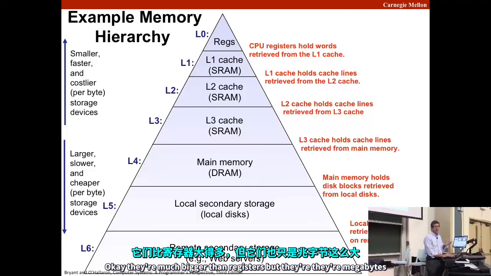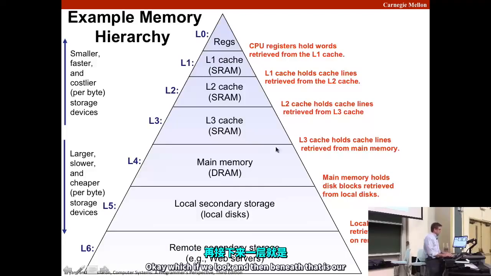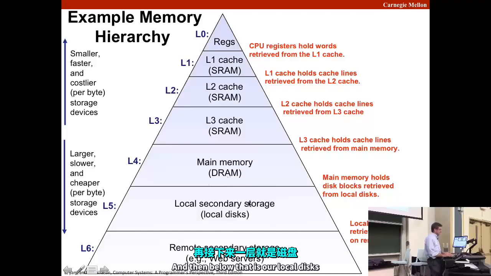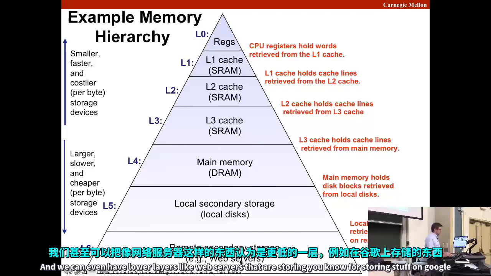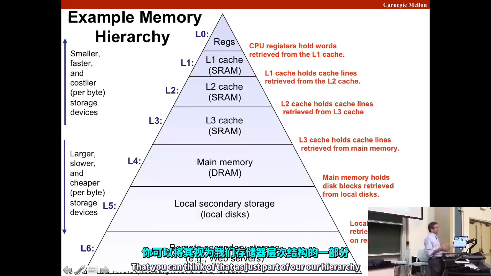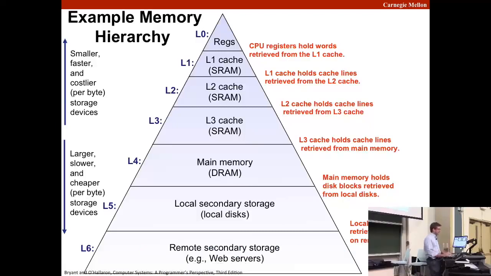They're much bigger than registers. Beneath that is our main memory, which is built out of DRAM, and those can be gigabytes, tens of gigabytes on modern systems. Below that are our local disks, and we can even have lower layers like web servers. If we're storing stuff on Google, you can think of that as just part of our hierarchy.